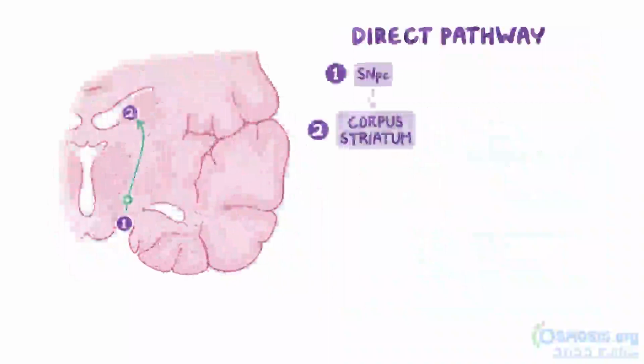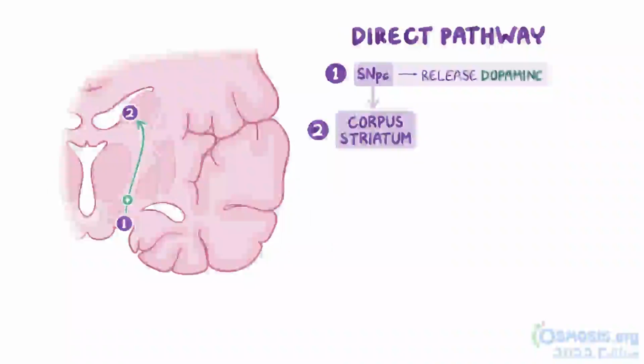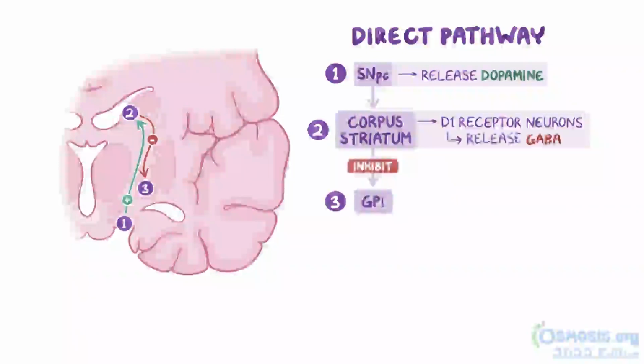The direct pathway starts with the substantia nigra pars compacta, which contains neurons that project to the corpus striatum. These neurons release dopamine from their axons, which binds to D1 receptors found on the neurons of the corpus striatum. Neurons that have D1 receptors project directly to the GPI and inhibit it by releasing GABA.